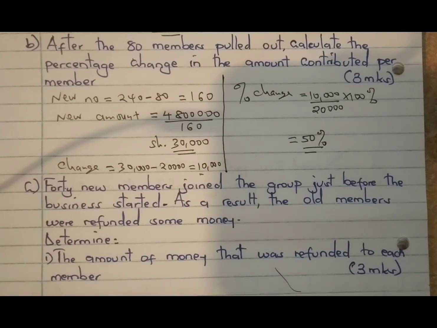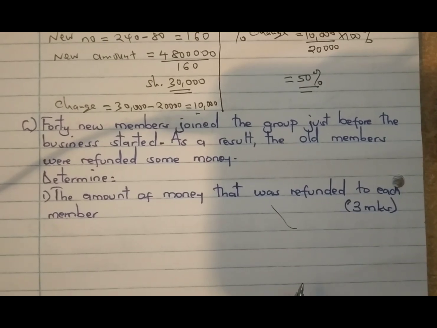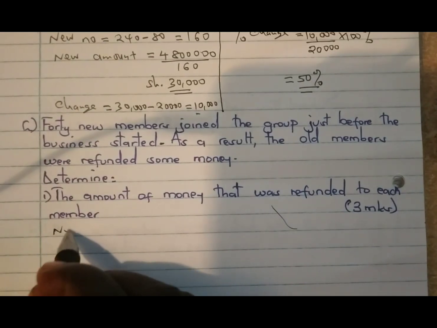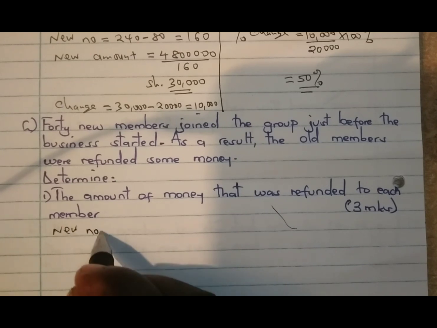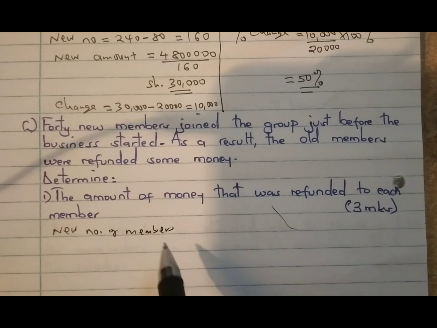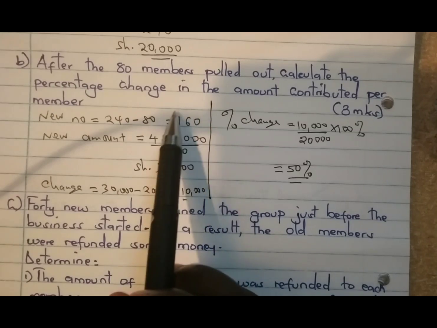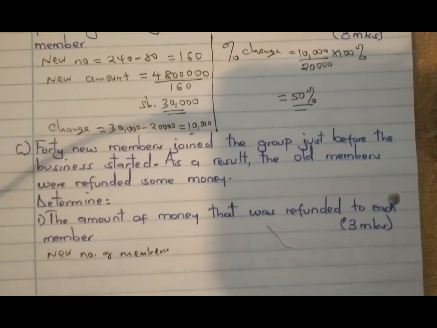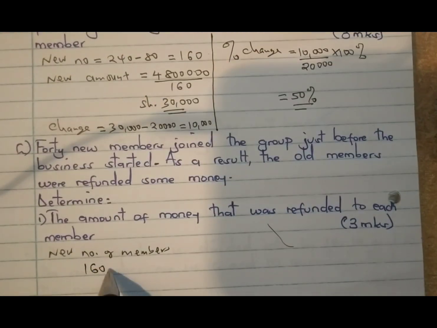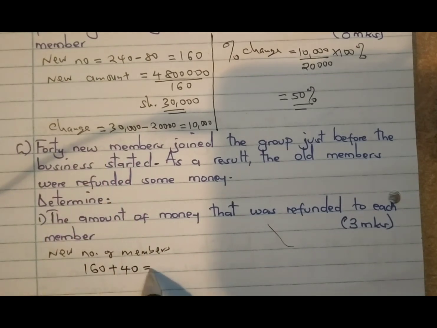In this case now, what we need to do is to get the new number of members. Remember, 80 pulled out, so we were remaining with 160. 40 members joined, and this gives us a total of 200 members.